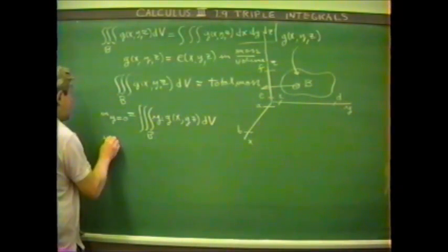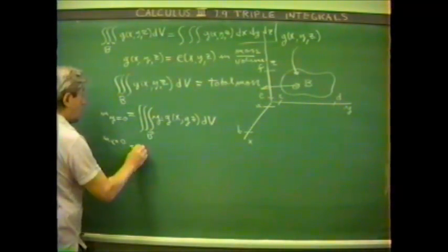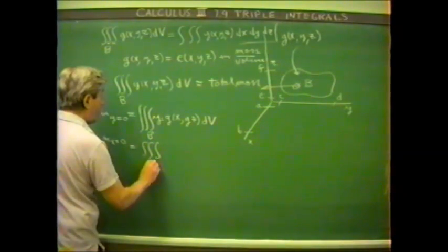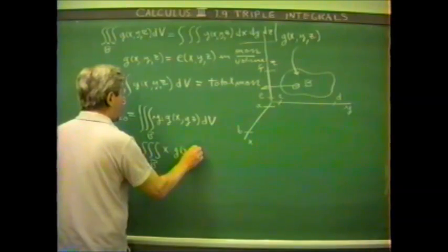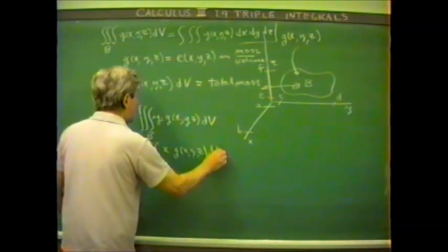The moment about x equals 0 is the triple integral over B of x times g of x, y, and z with respect to volume.